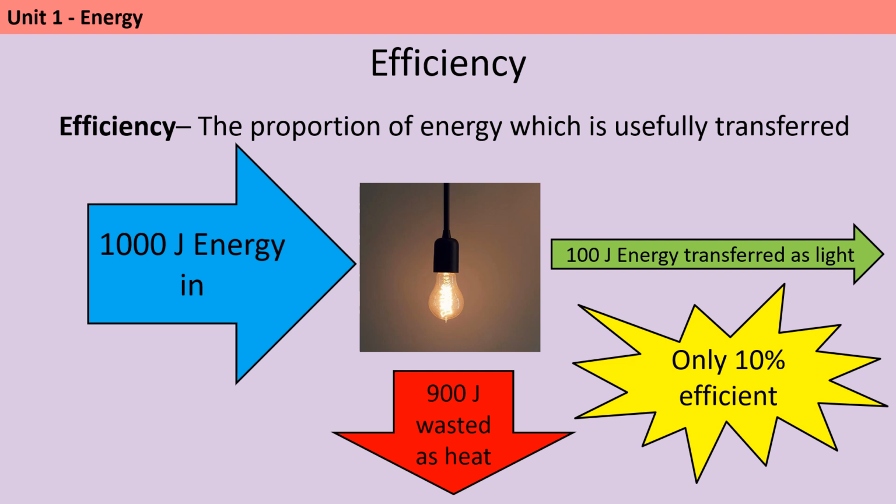So for instance here, my light bulb might transfer 1000 joules of energy, but 100 joules of that energy is transferred as light radiation, and the other 900 joules is transferred by a heating pathway, and that's not what I want it to do. So my light bulb would only be 10% efficient, or we could also report that as it having an efficiency of 0.1.